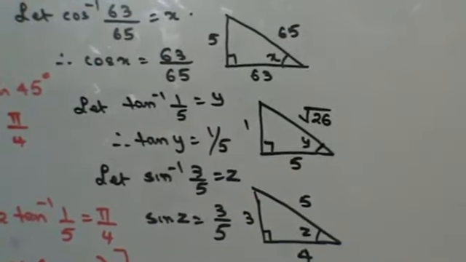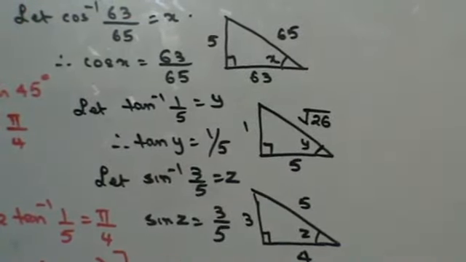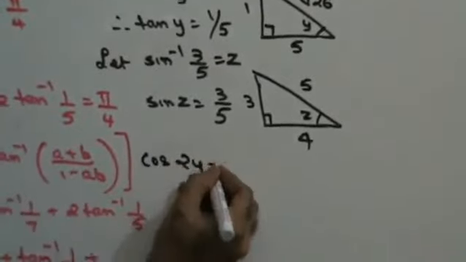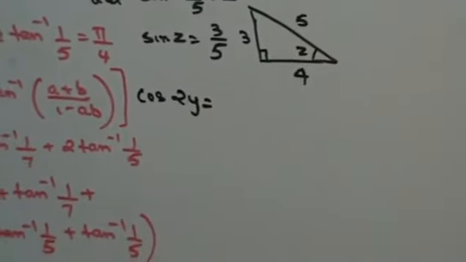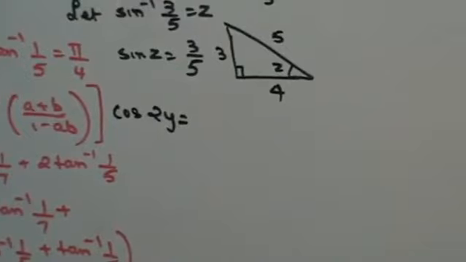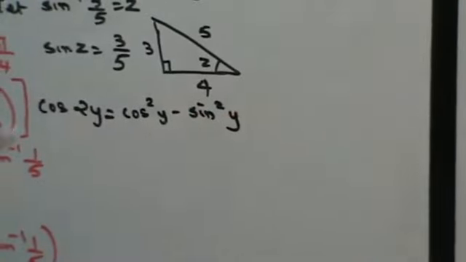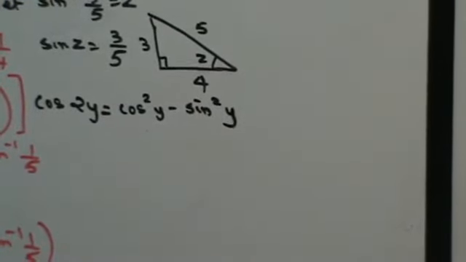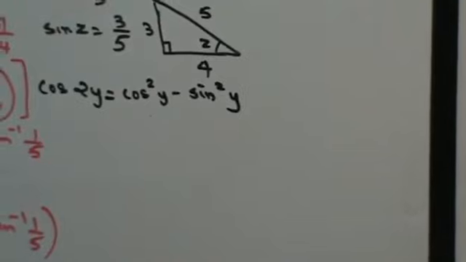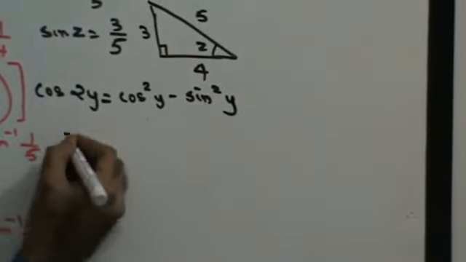First let's see how do we find this. I'm going to find out the value of cos 2y. Cos 2y, I can use multiple angles and find this out. Guys, cos 2y is nothing but cos square y minus sin square y. Multiple angle.